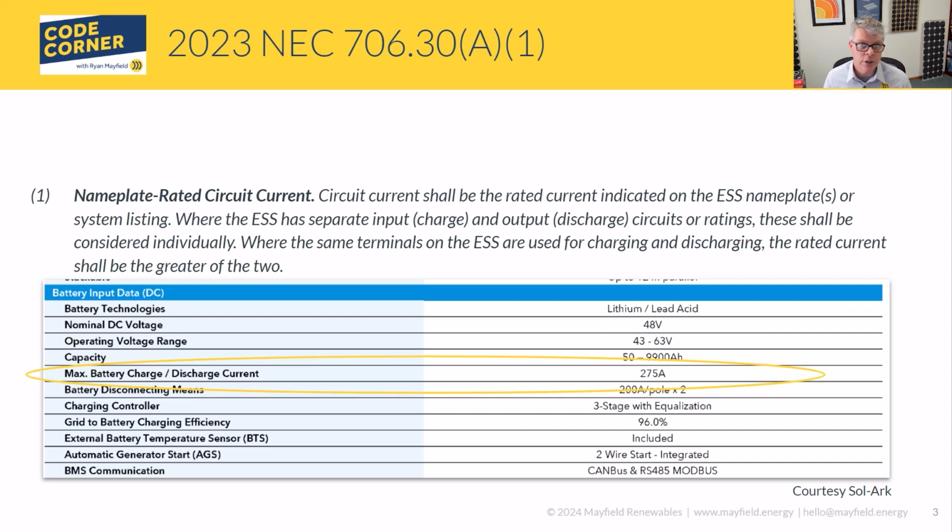You're going to use, in this case, 275 amps as the maximum current, as that tells us what our maximum current is for our inverter input. That would be what you'd use to dictate what the conductor size is going to be for those conductors that you're connecting the inverter to.